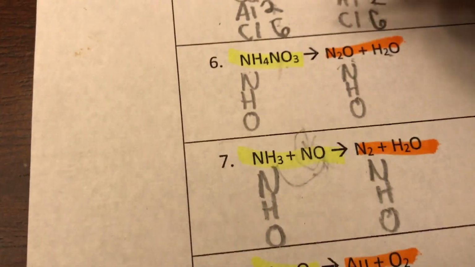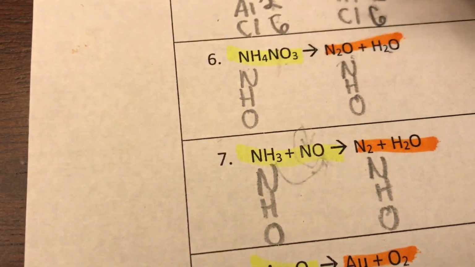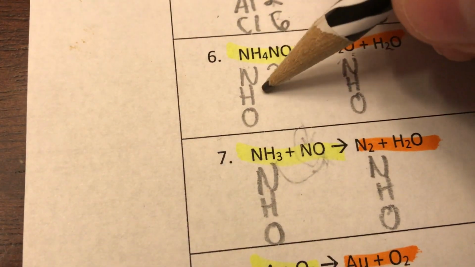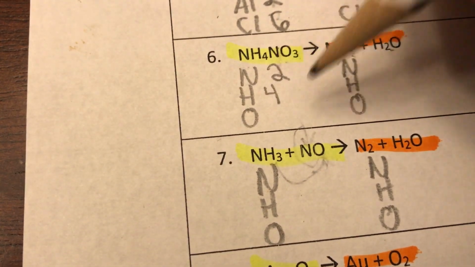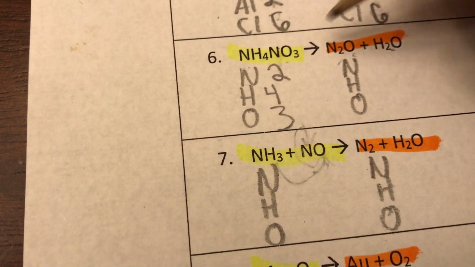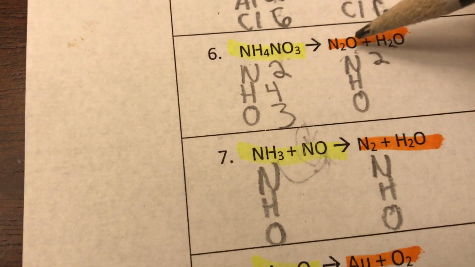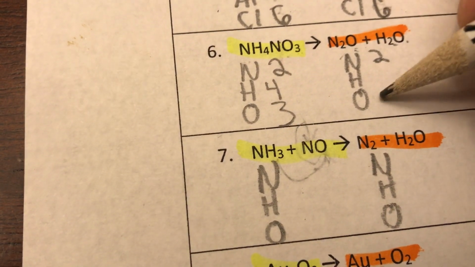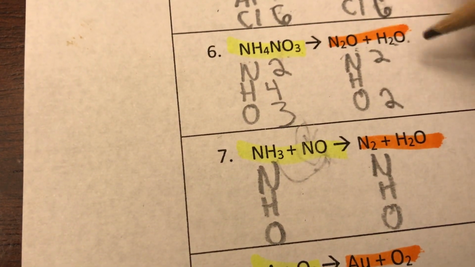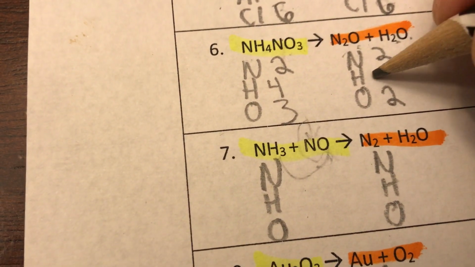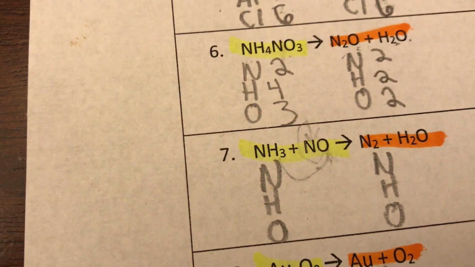Okay, moving on to number 6. I've got 2 nitrogen, 4 hydrogen, and 3 oxygen. That's going to 2 nitrogen, nice. Only 2 oxygen. Oh wait, no, this isn't too shabby. And then 2 hydrogen.